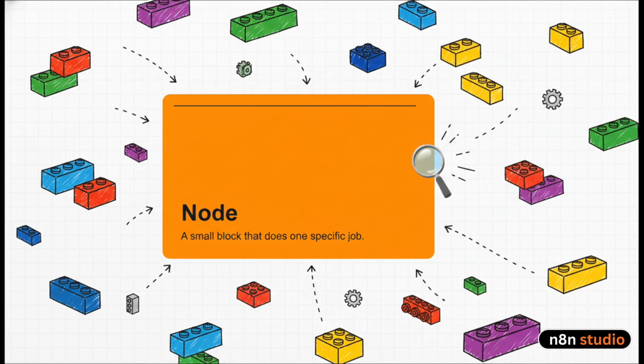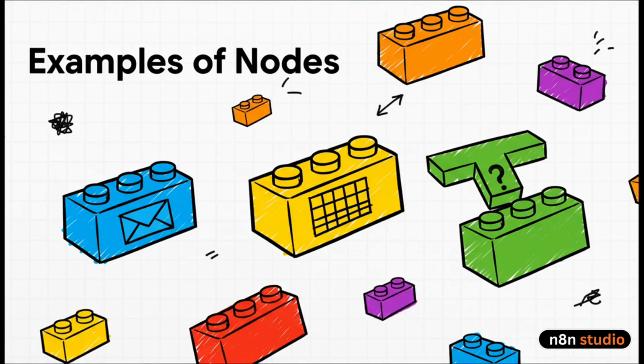That's it. One block, one job. And just like with Legos, you've got all these different kinds of blocks for different jobs. You've got an email node that knows how to check your inbox, there's a Google Sheets node that knows exactly how to write data into a spreadsheet, and then you have these cool logic nodes, like an if node, which lets your automation actually make decisions. The variety here is what makes it so incredibly powerful.